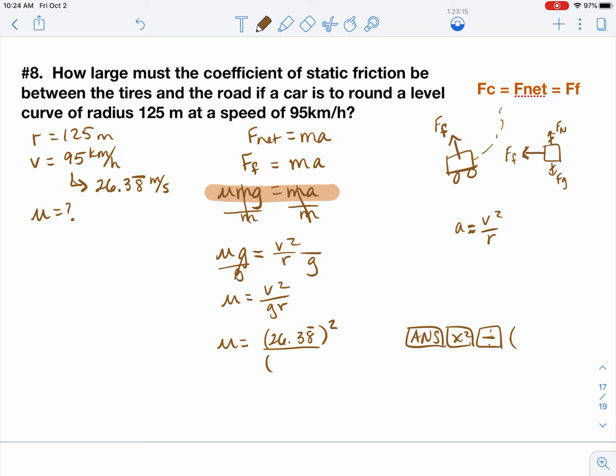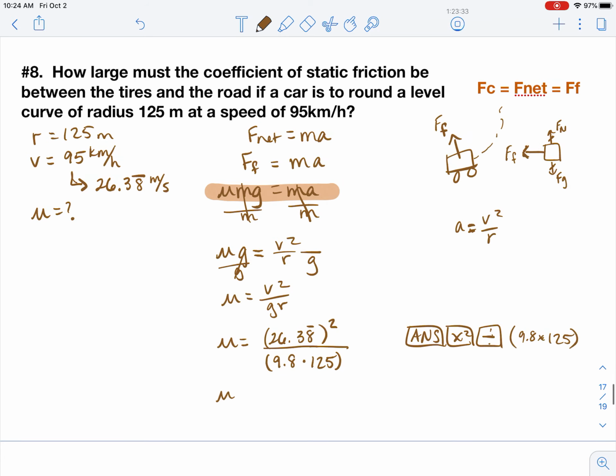You also want to tell your calculator to put all of this denominator in parentheses so that your calculator understands that all of this together is going to give me the one value for the denominator. So once we do that, we get mu is equal to 0.56846... So we're going to round this for sig figs. 0.57 is our answer, and remember, mu does not have a unit.